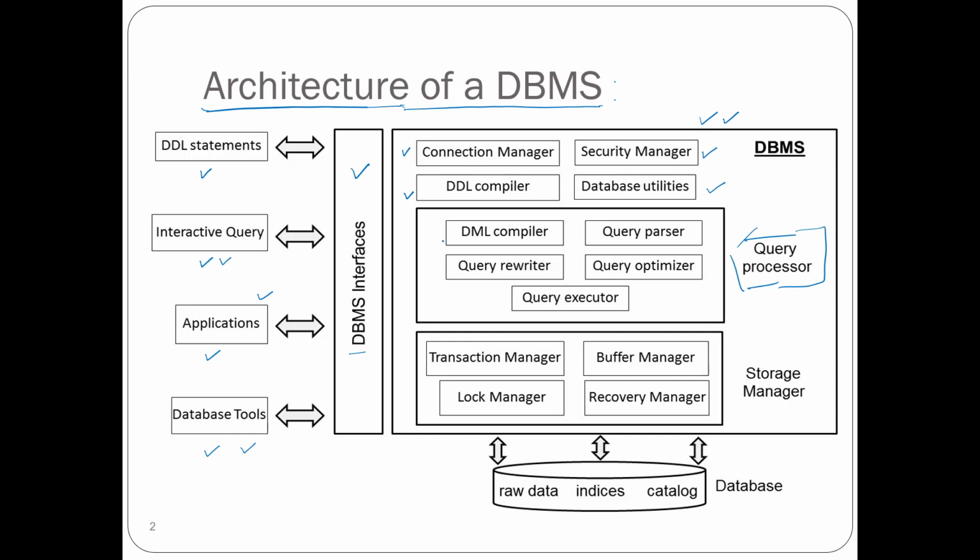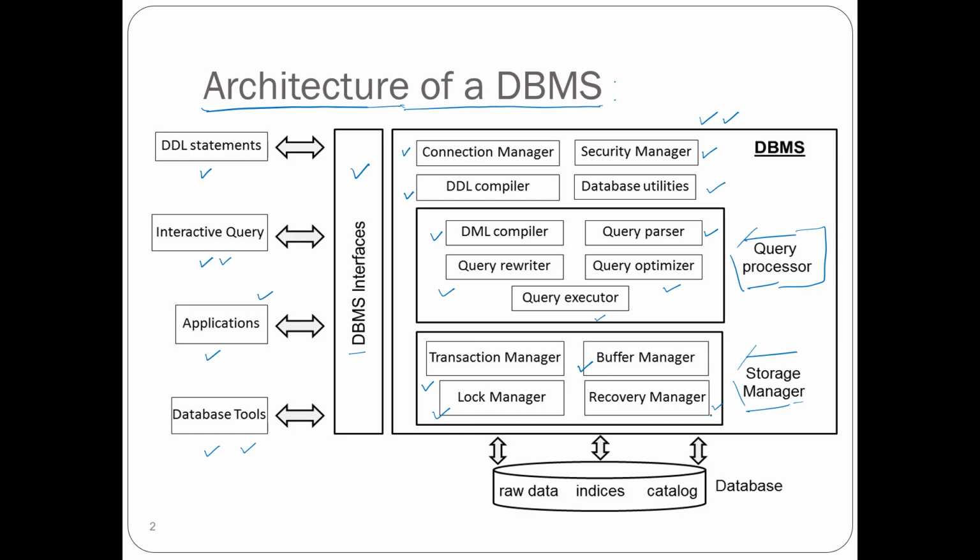In the query processor, we further have smaller components like DML compiler, query parser, query rewriter, query optimizer, and query executor. Whereas in the storage manager, we have components like transaction manager, buffer manager, log manager, and recovery manager.